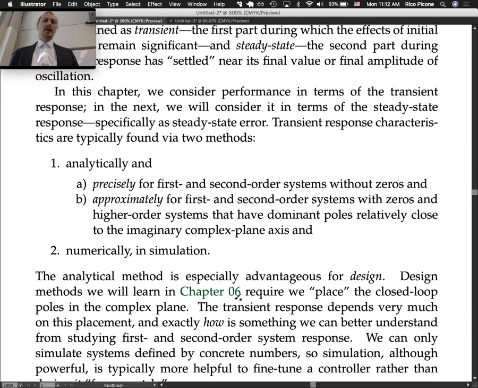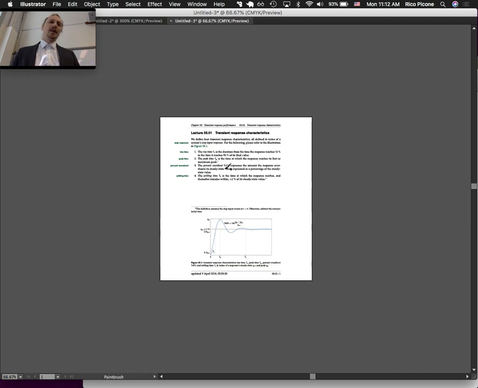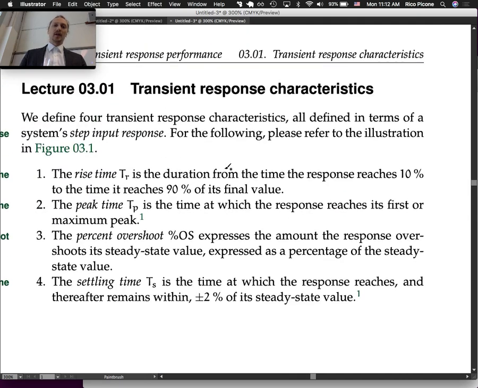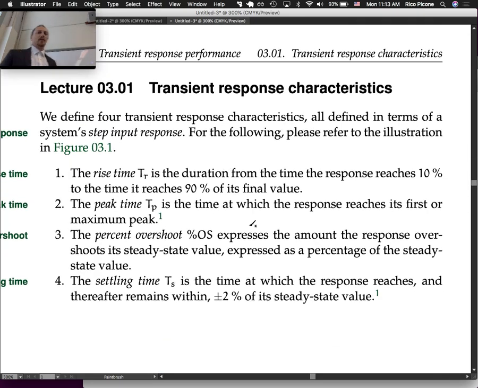All right, good. So let's go right into 3.1, because that was just the intro to chapter 3. In this lecture we're going to define transient response characteristics in general, so these are really high-level definitions. We define four transient response characteristics, all in terms of a system's step input response.